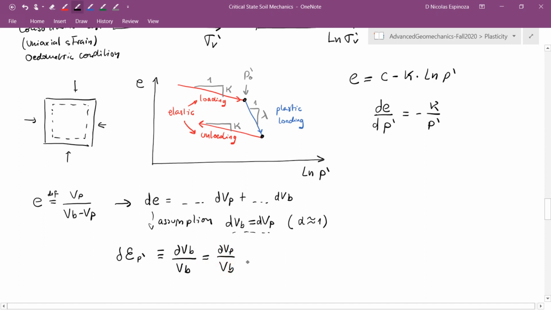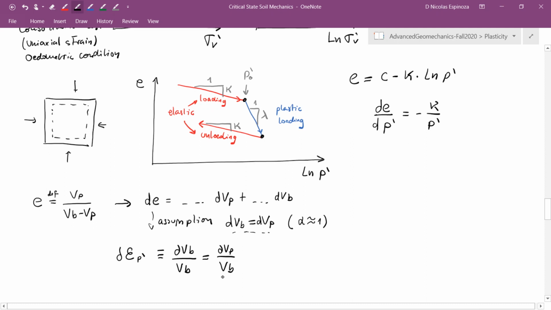Okay, now by using this equation, I can write what is going to be the change of void ratio based on the change of the plastic strain, or the volumetric plastic strain. Remember that this P prime in terms of stresses means a mean stress, in terms of strains means a volumetric strain.